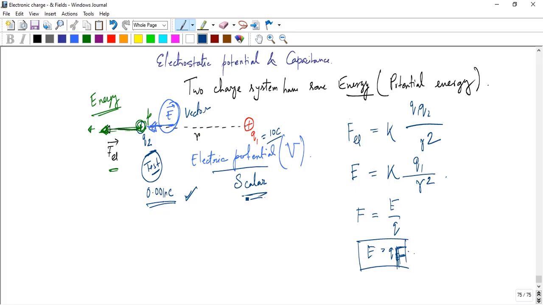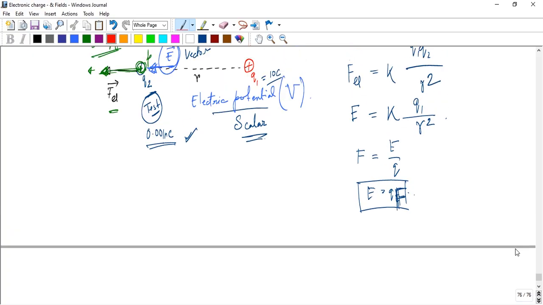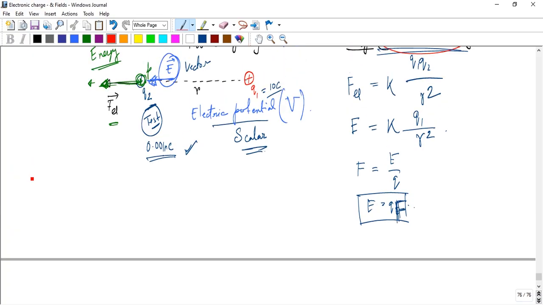If there is potential, there is some energy, which is potential energy. So the term comes from potential energy. How did this term potential energy come about? What is potential energy? From mechanics, we know the gravitational potential energy.